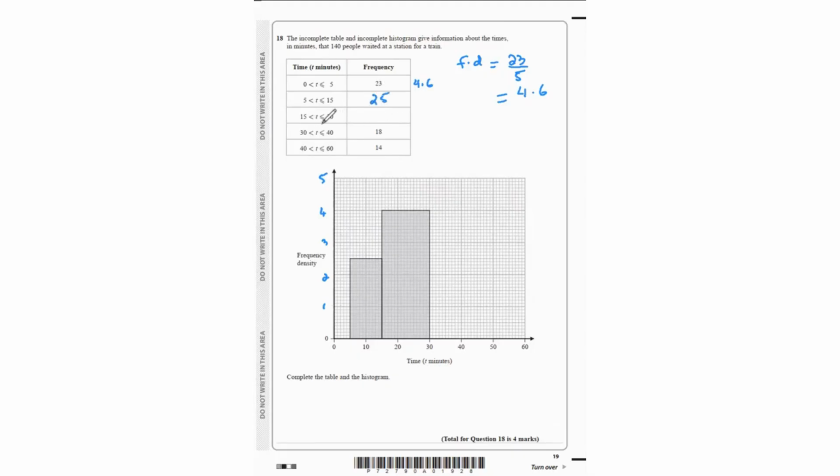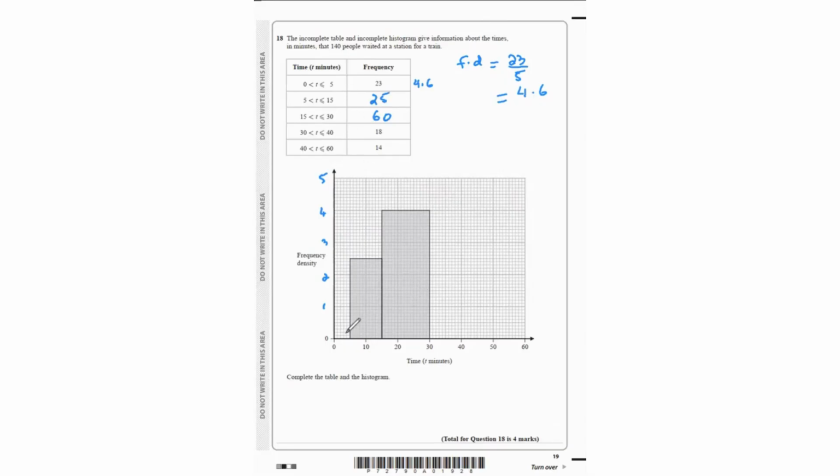And then for this one, 15 times 4 is going to be 60. So now we can check whether the total frequency is the same as 140 because that's the number of people in this question. So if we add them, 23 plus 25 plus 60 plus 18 plus 14, that does equal 140, which means our frequency values are correct.